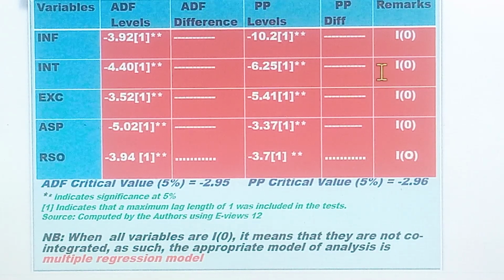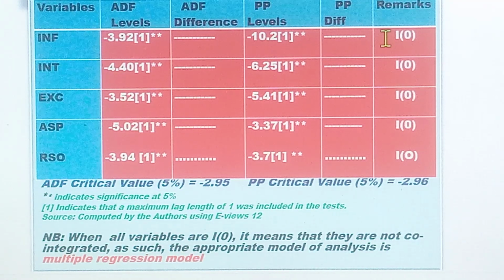If they are all I(1) and co-integrated, the appropriate model is vector error correction model. If they are all I(0), they are not even co-integrated, so there is no need for a test of co-integration. The appropriate model in this case is multiple regression model. Multiple regression model is a short-run model, because when variables are not co-integrated, they do not have a long-run equilibrium relationship.